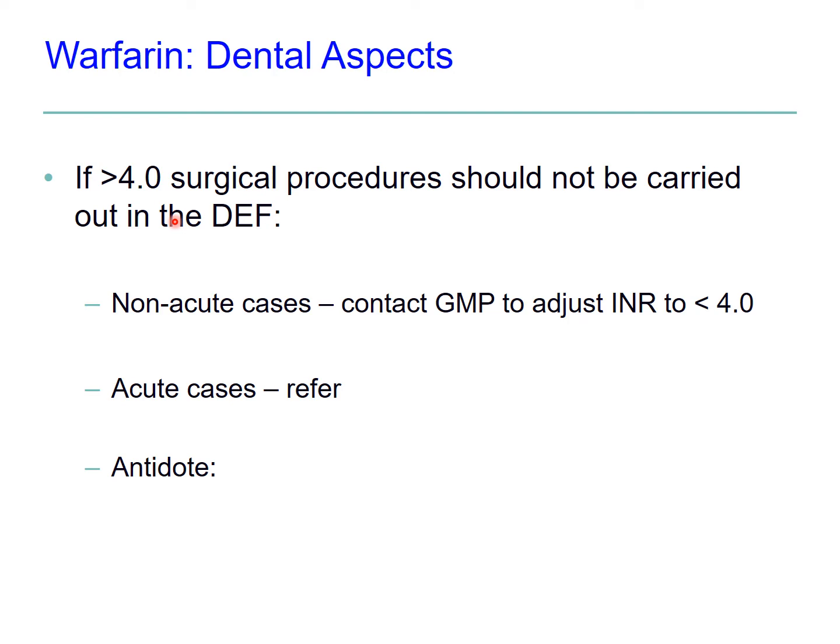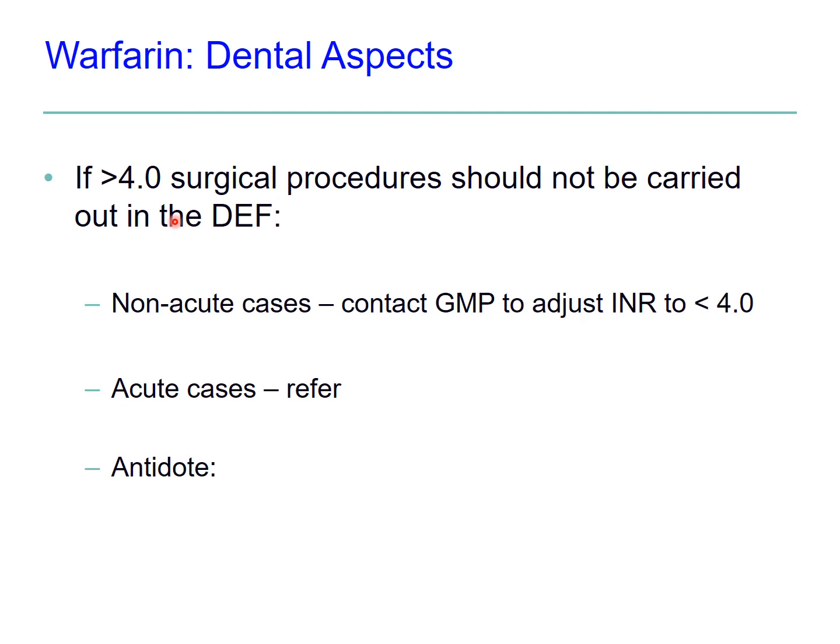So up to 3 extractions can be done in primary care if the INR is less than 4. However, as an additional safety measure in the dental education facilities, we would accept values up to 3.5 for extractions done by students or other surgical procedures done by students.